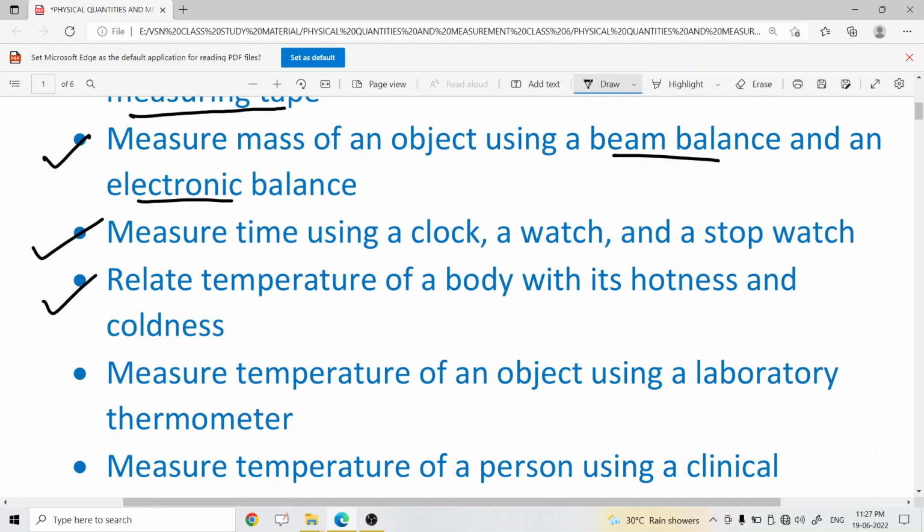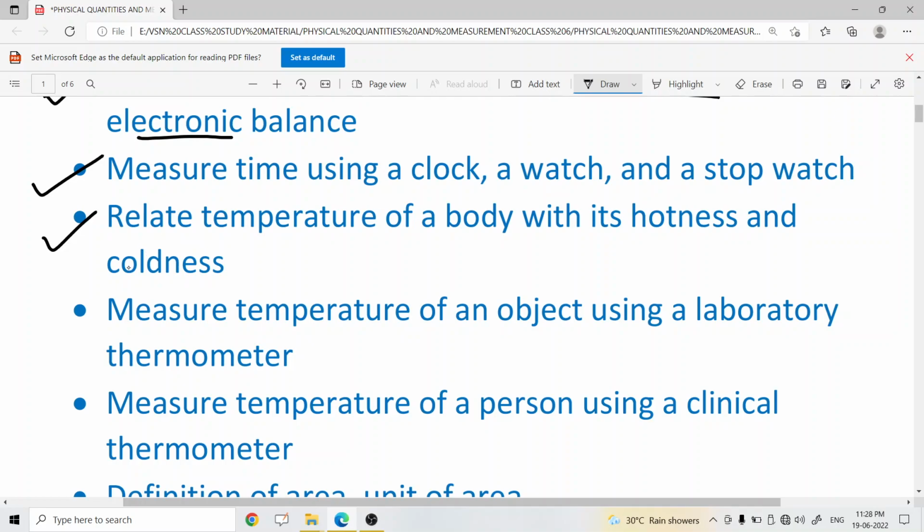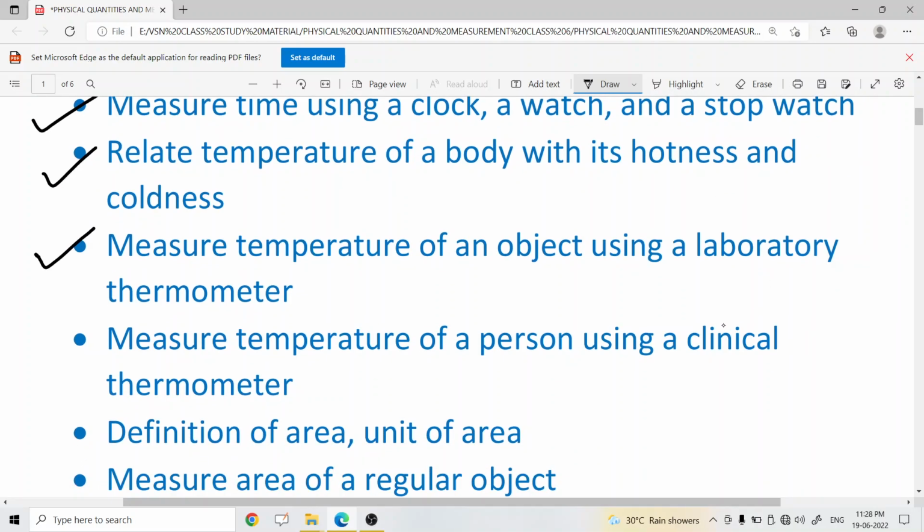Next, relate temperature of a body with its hotness and coldness. And next, measure temperature of an object using a laboratory thermometer, and using a clinical thermometer we measure temperature of a person also.